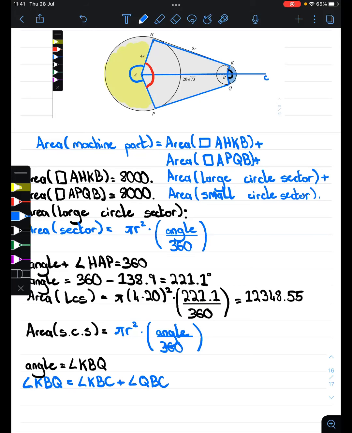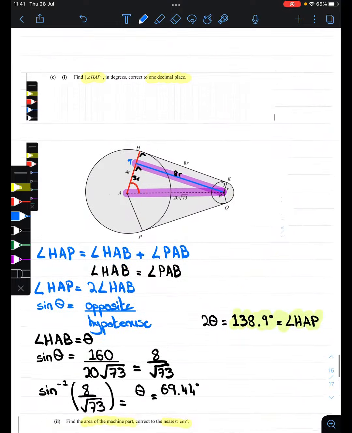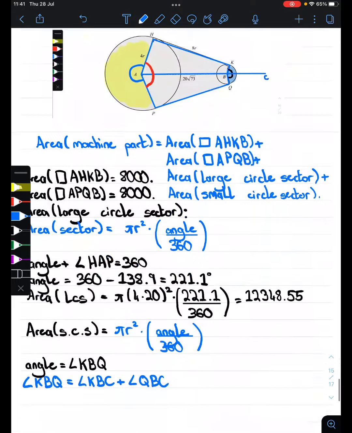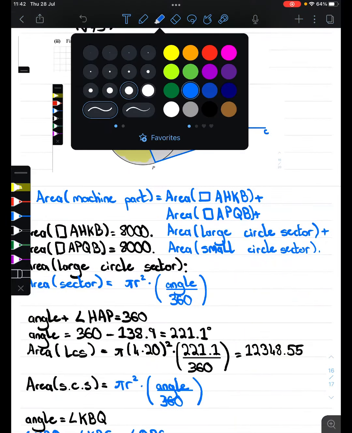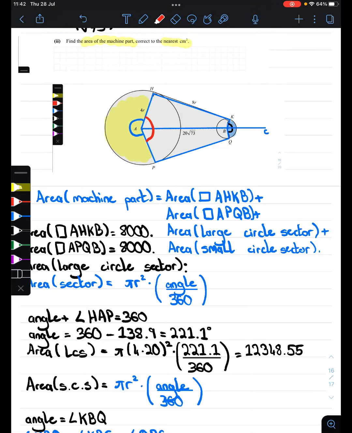So similar to what we did for finding the angle HAP, we're going to zoom in on this shape here.